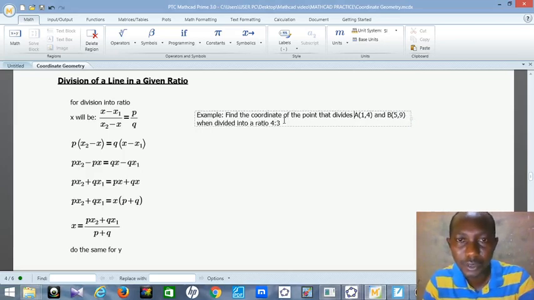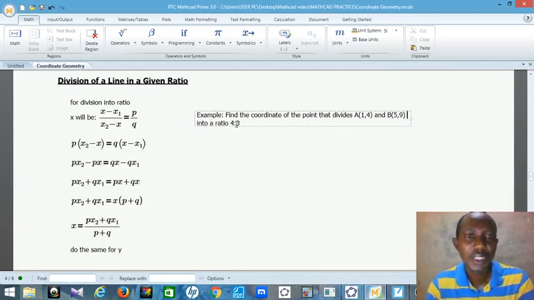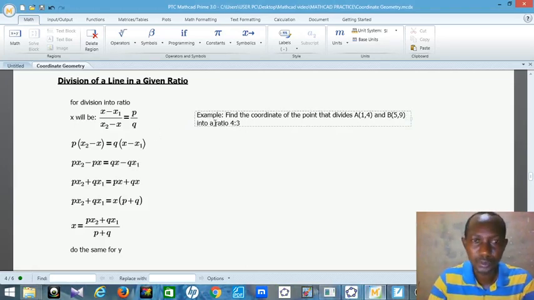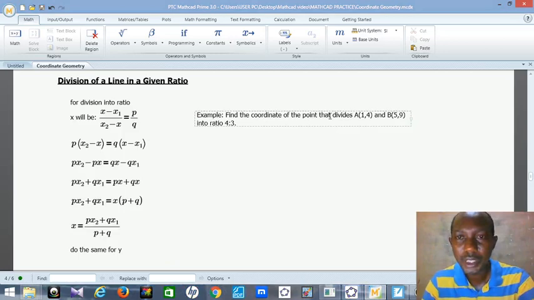Find the coordinate of the point that divides A and B into this ratio.